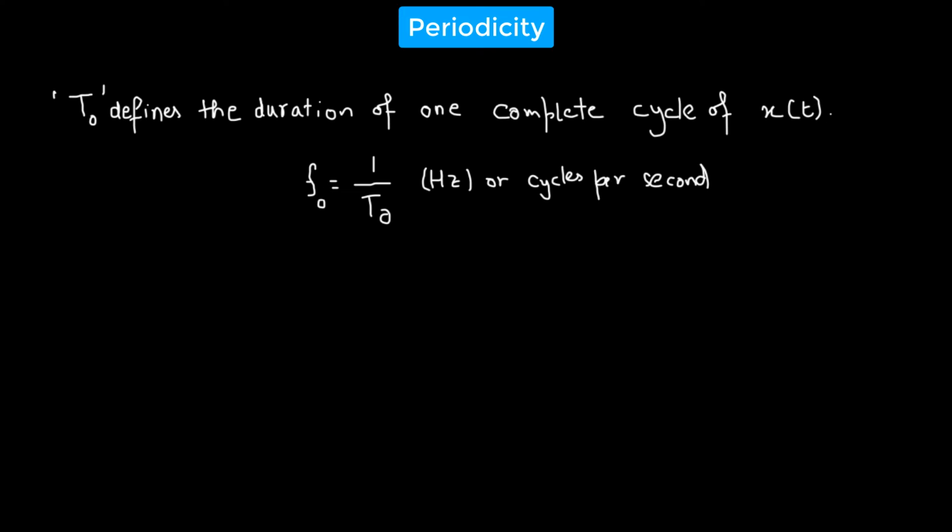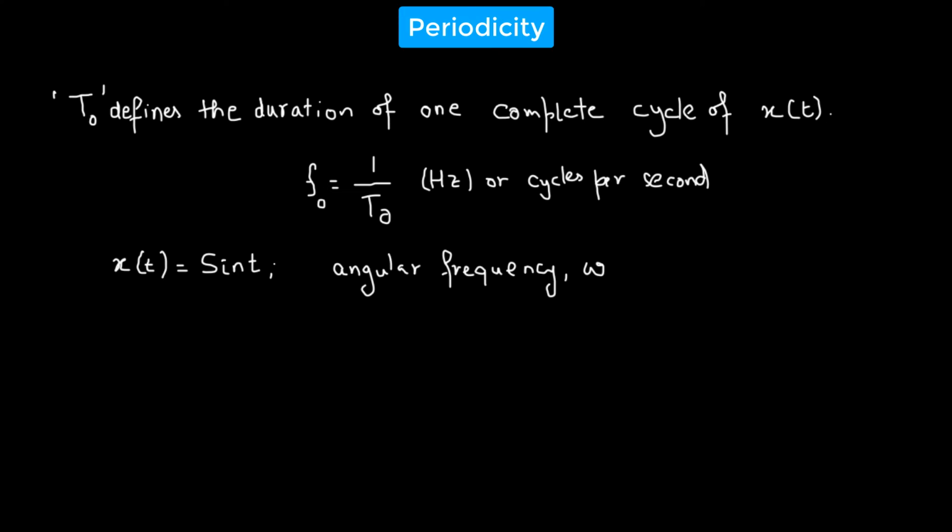There will be certain functions which are circular in nature. For example, if we have x of t given by the sinusoidal function sine t, so this is a circular function, and to measure the period of this we need the information which will be the angular frequency. So angular frequency is denoted by the symbol omega, the Greek letter omega.